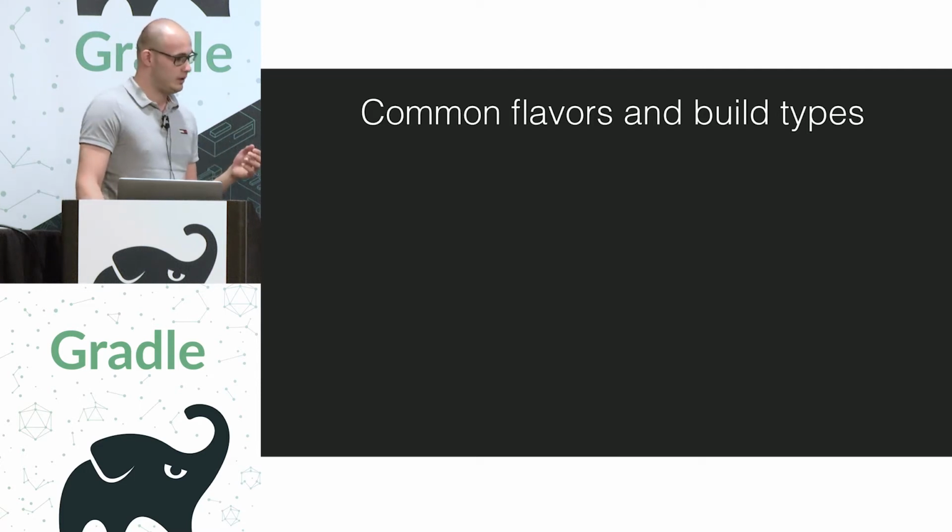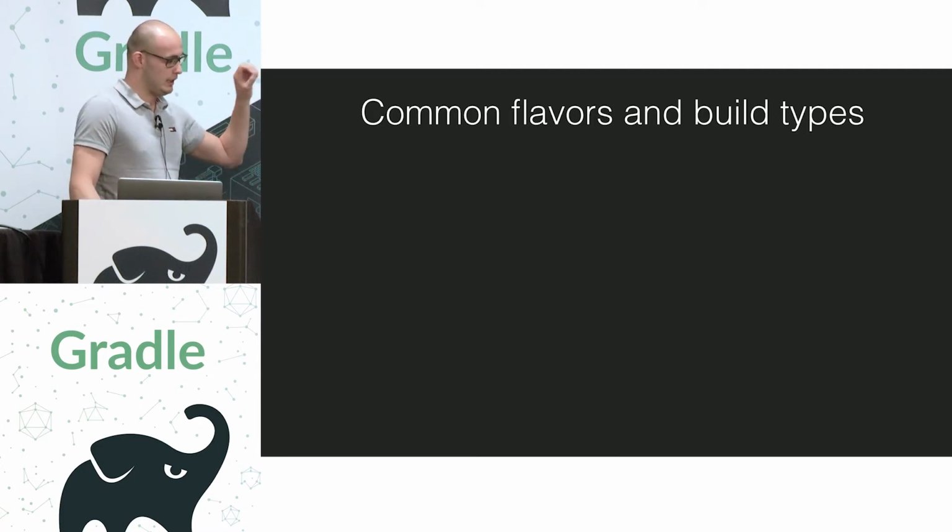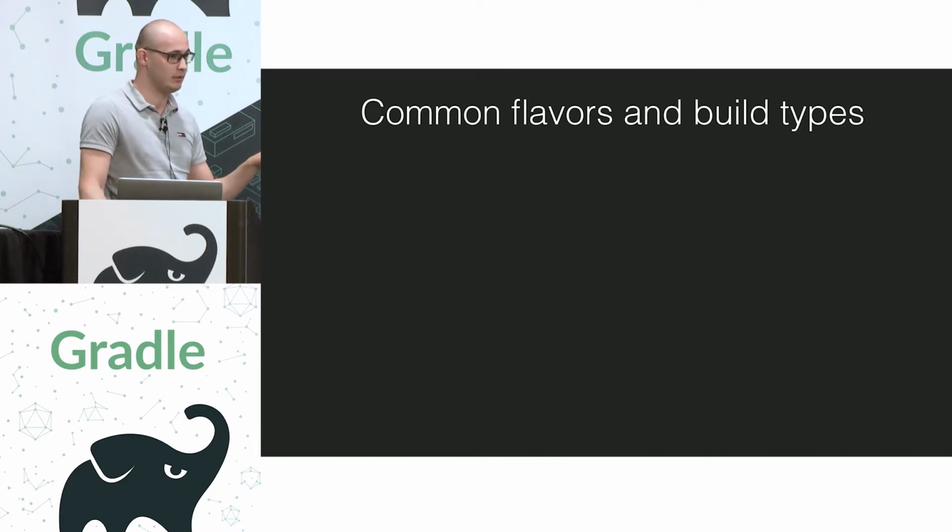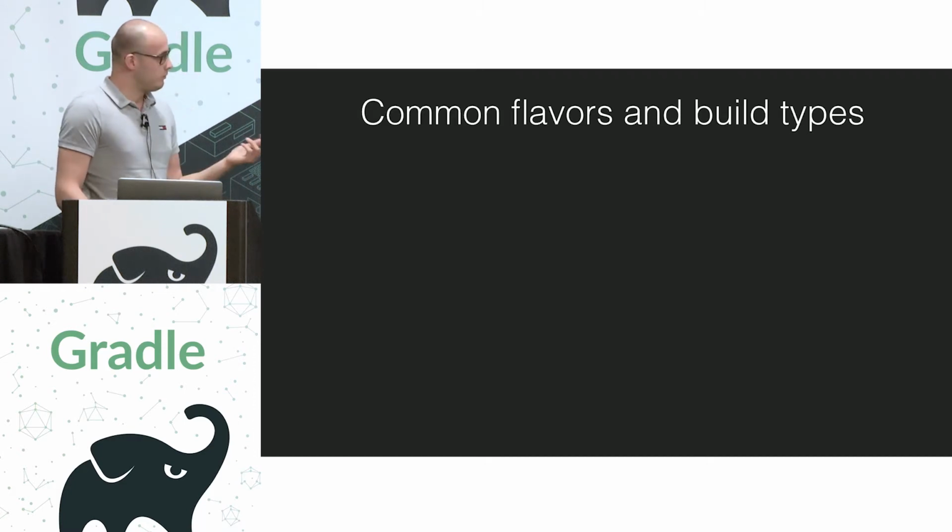So if you have an application and a data module, and your application depends on the data module, and your application has an alpha debug variant, then you will need to have an alpha debug variant for your data module as well. So this probably will get annoying quickly, having 5 Android modules and having to keep the build flavors and build types in sync.